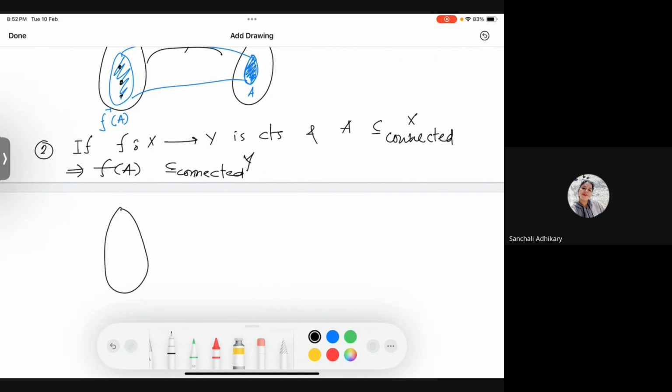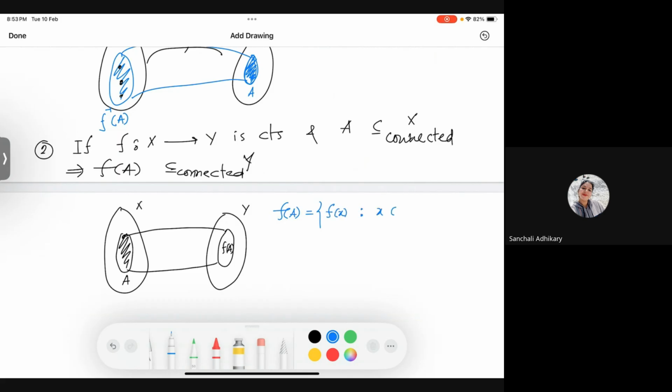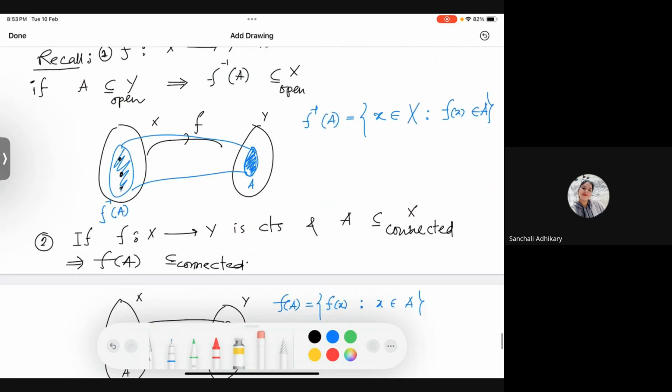If this is my X and this is my Y, and A is connected in X, then the image of A is also connected. What is f of A? This is the collection of f of x where x belongs to A. So if A is connected, then f of A is also connected in Y.